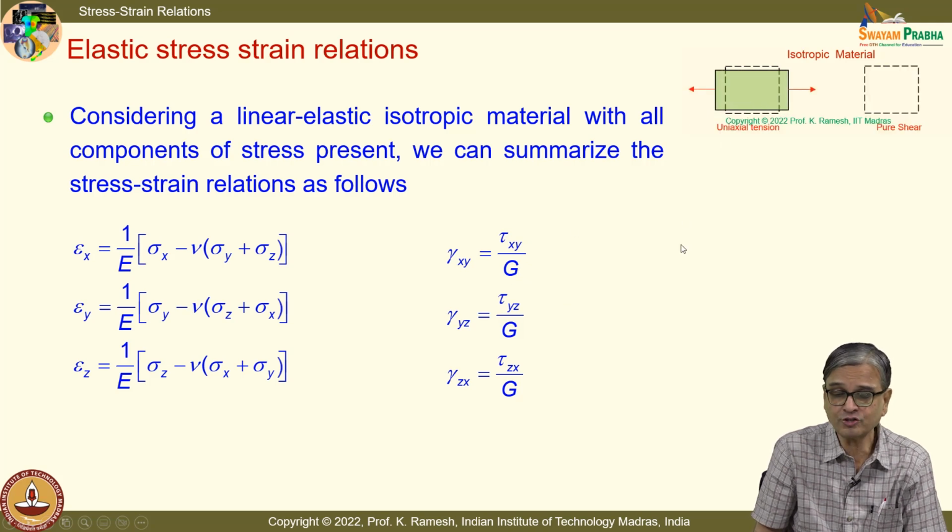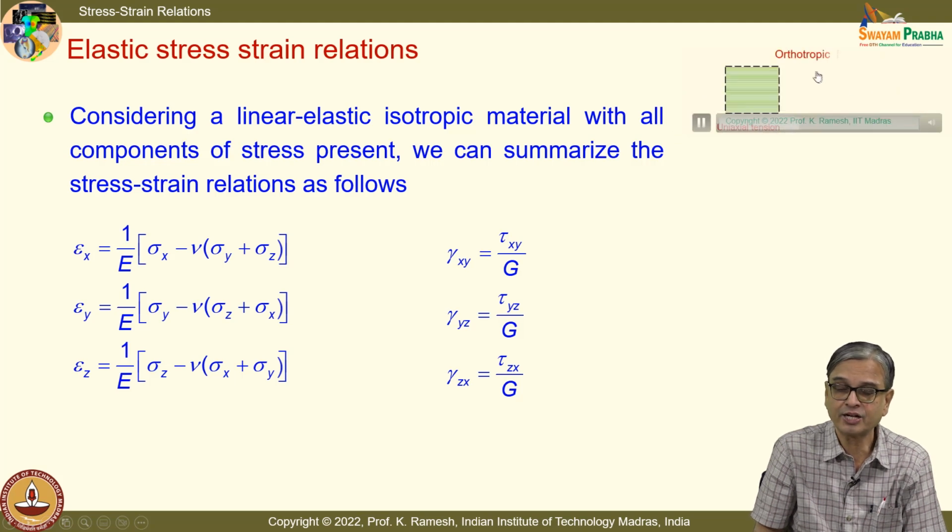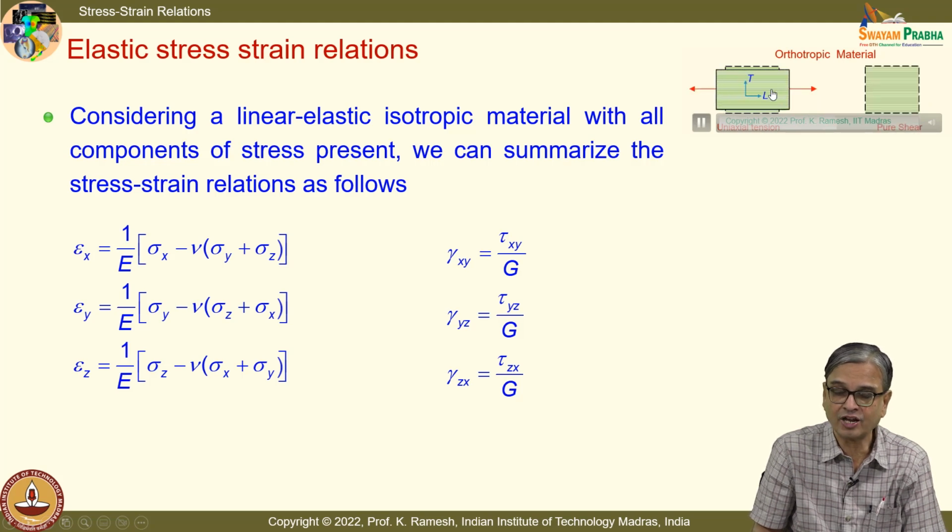And what happens in an isotropic material? When I apply tension, it elongates. When I apply shear, it gets deformed. Suppose I go to an orthotropic material and I call these the L direction and T direction, it gets elongated. It also behaves like an isotropic material in these two directions.